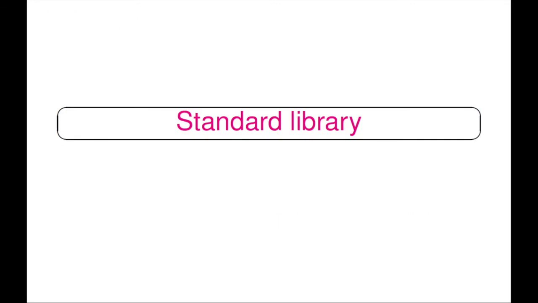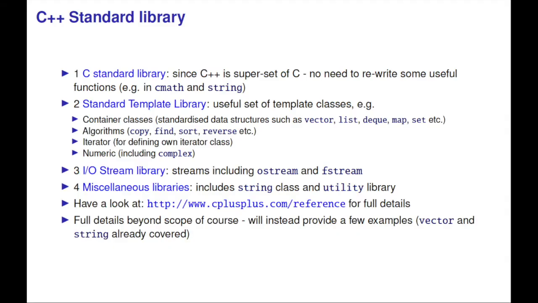So let's talk a little bit about the standard library. The C standard library was really what influenced the idea from C++. Initially, C++ was considered a superset of C, so there was no need to rewrite some useful functions which are in C math, and some of them have ended up in the string.